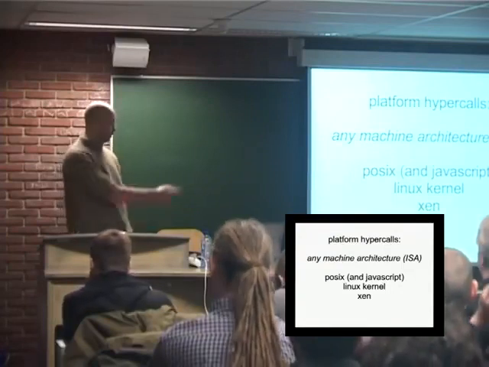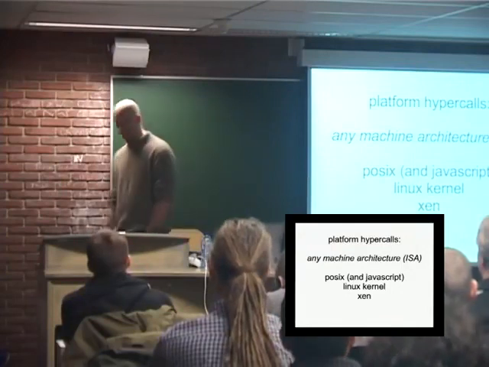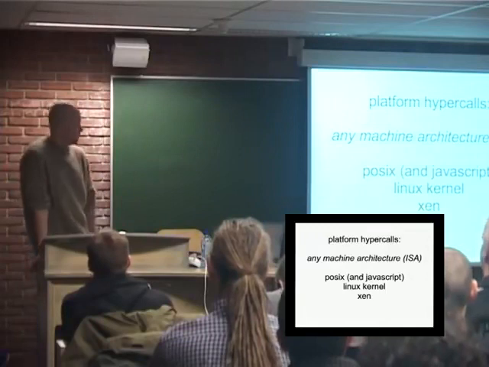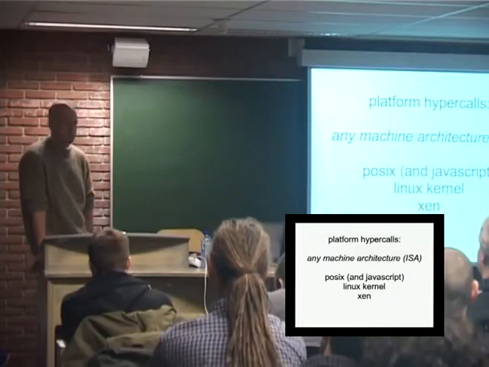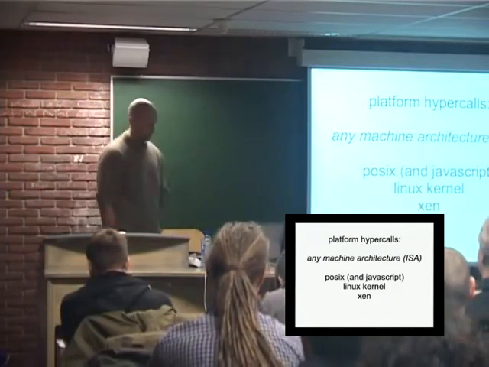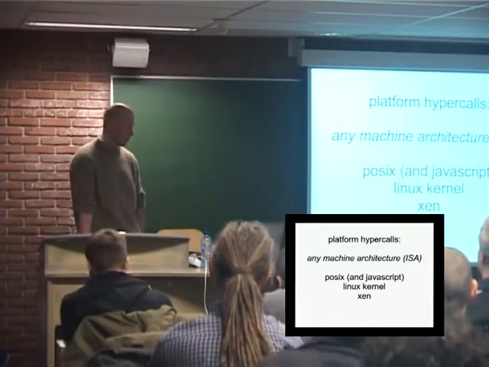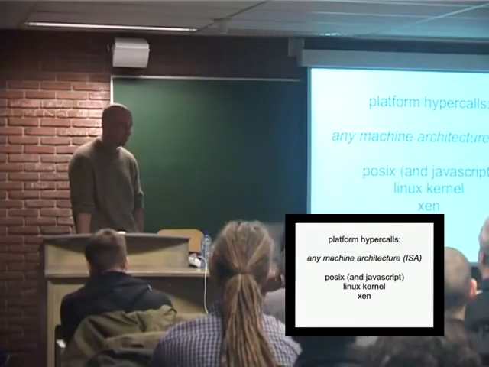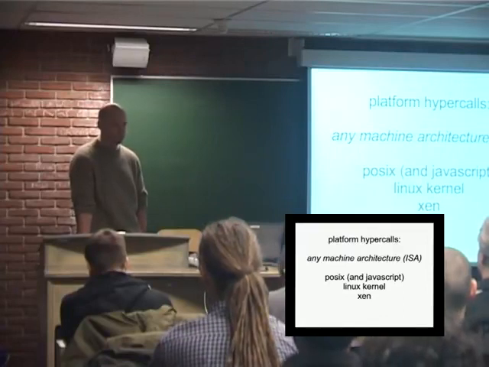So here are some examples. POSIX, which is a funny way of saying user space, and JavaScript, which means JavaScript. At one point we were discussing JavaScript, and then I thought, well, if Rump kernels run anywhere, it should be possible to compile them into JavaScript and run them in a web browser. So then I did that.